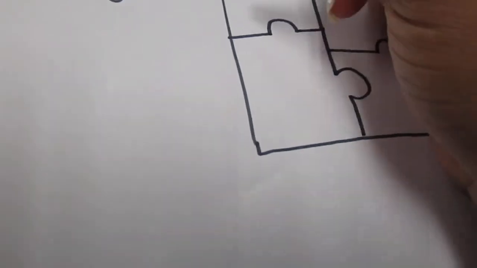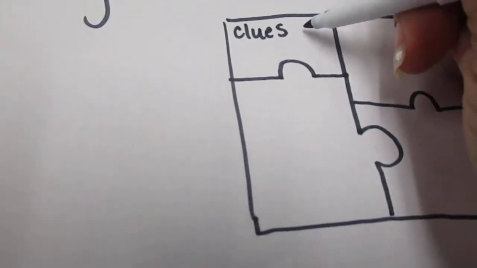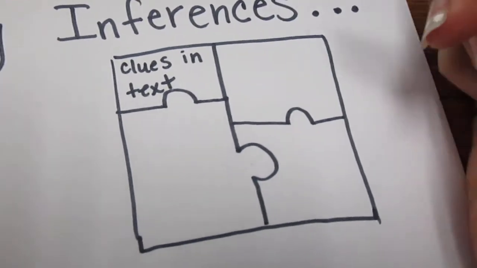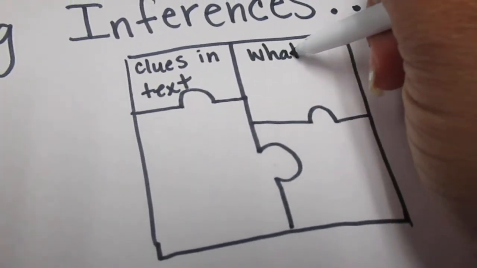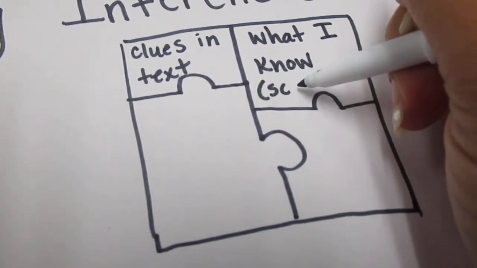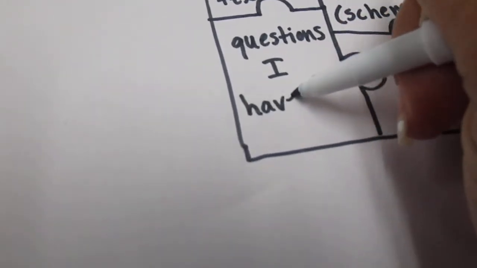And inside of it, I'm going to say the clues in text. And then what I know, which is your schema. Okay, and then in the bottom box, I want to put questions I have, and just put a question mark there.